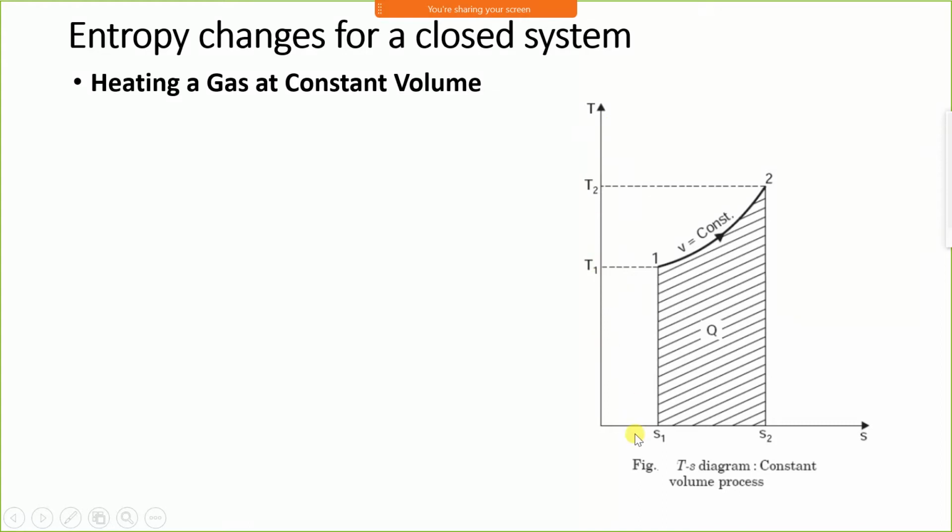Look at the figure. This is a TS diagram, the temperature entropy diagram. Whenever we want to calculate heat transfer from area of an indicator diagram, we always consider the TS diagram.